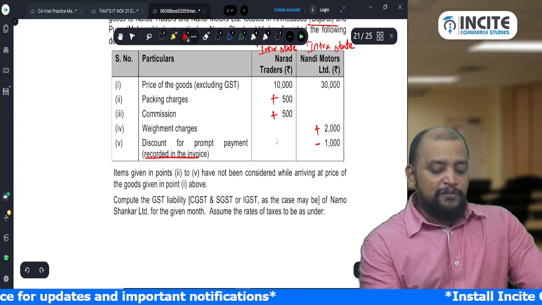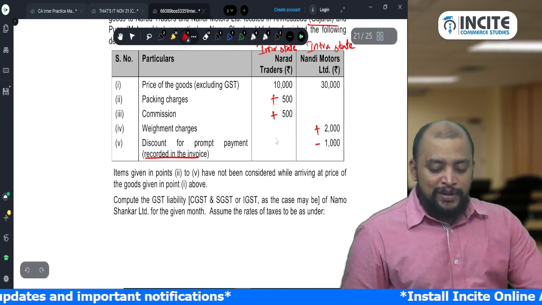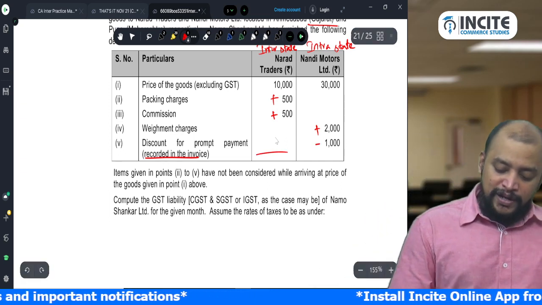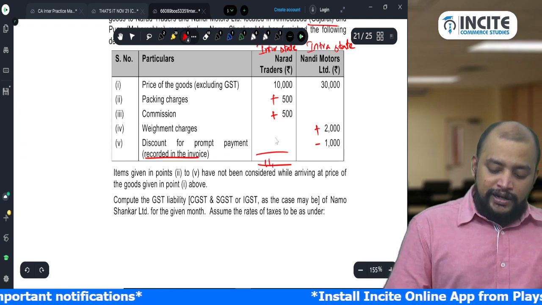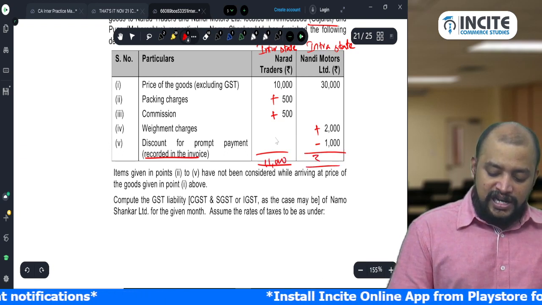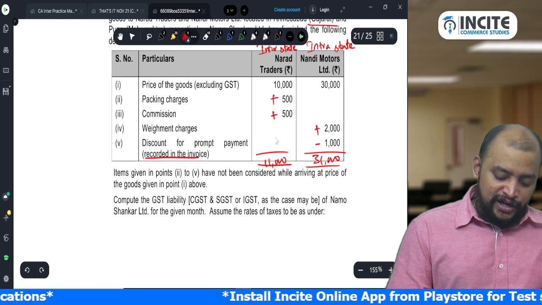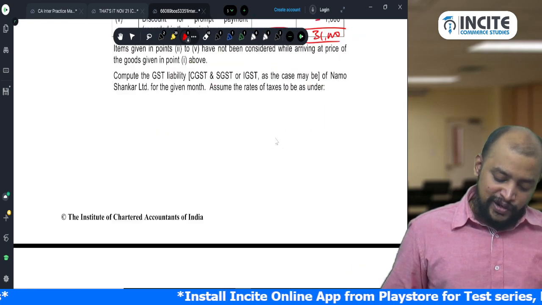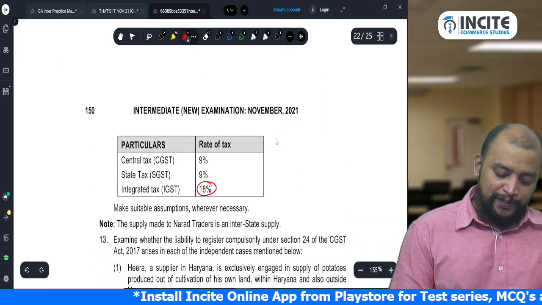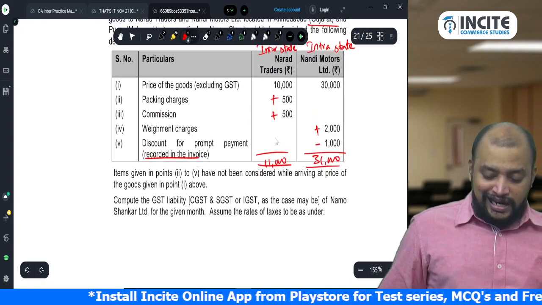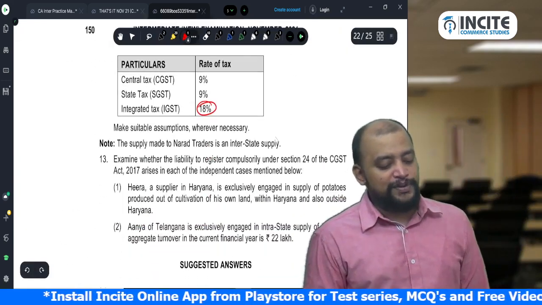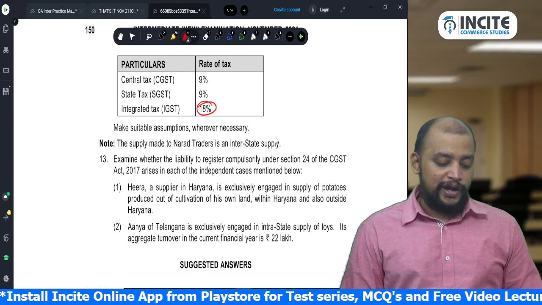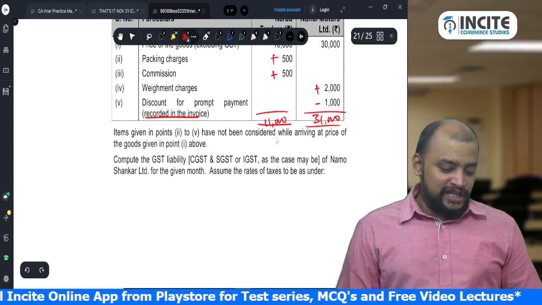So 30,000 minus 1,000. So here the value will be 11,000 and here it will be 31,000. On 11,000, GST liability at what rate? 18%. Whereas in the second case it will be 31,000 into 9% and 9%. So that is the answer for this question.